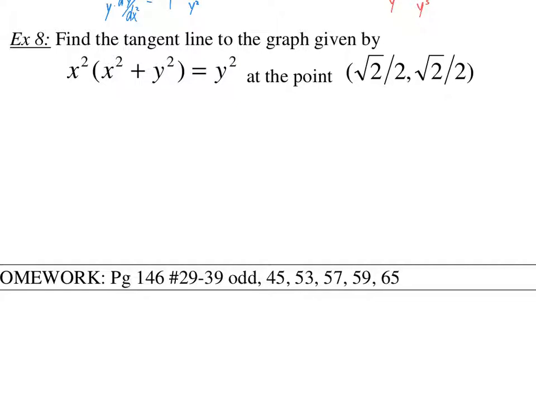Find the tangent line to the graph. So now we're not just going to find the derivative, we're actually going to do something with it. We want to find the tangent line to the graph at this point, root 2 over 2, root 2 over 2.